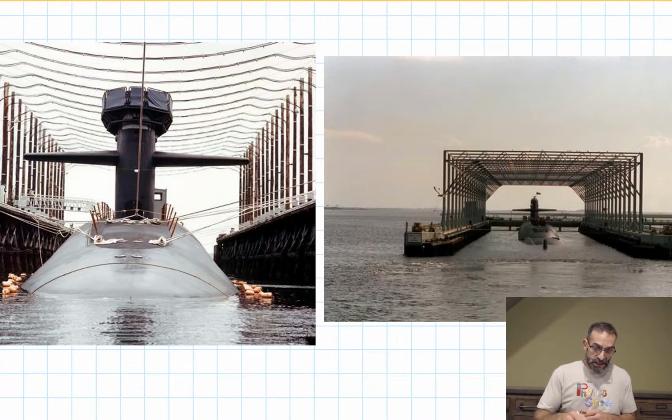You can see it's a coil of wire. It looks kind of like a solenoid, doesn't it? We can only see the part that's above the water here, but it runs around below the water also. They bring the submarine into the middle of this solenoid, and they can turn the current on, make the magnetic field go one way and then the other way, and degauss the submarine that way.